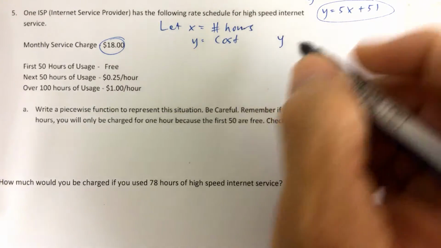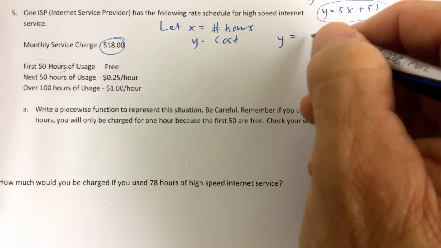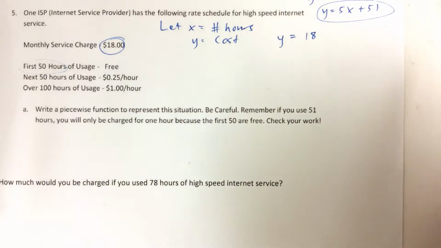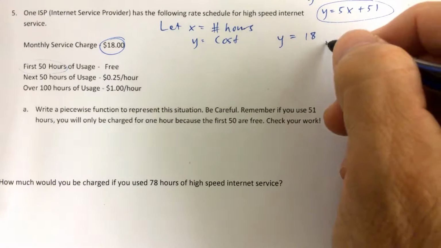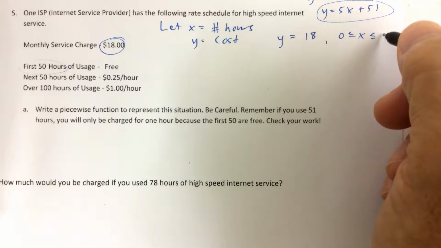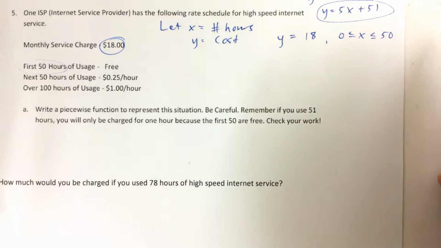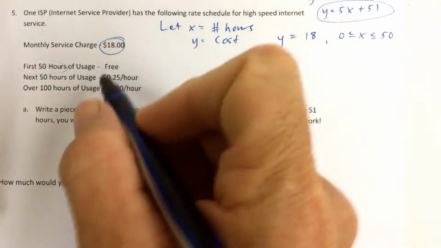Our very first cost, up through the first 50 hours, would just be $18, and we get unlimited use up to 50 hours. So for x, the number of hours, between 0 and 50, we have a cost of $18. And then the next part is tricky.